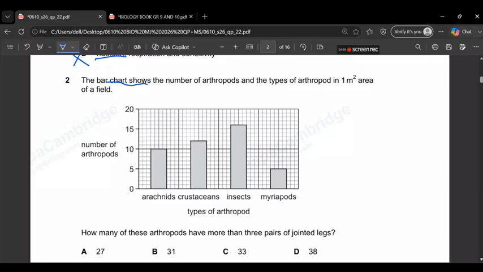It shows the number of arthropods and the types of arthropod in 1 square meter area. 1 square meter area means 1 meter by 1 meter. So if you go for simplification, 1 meter, 1 meter. So square meter. Look at the graph.